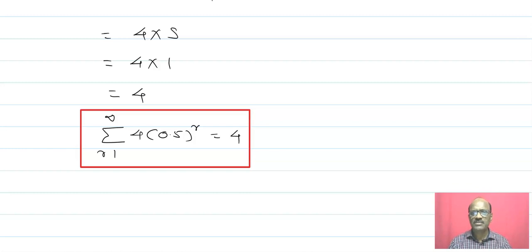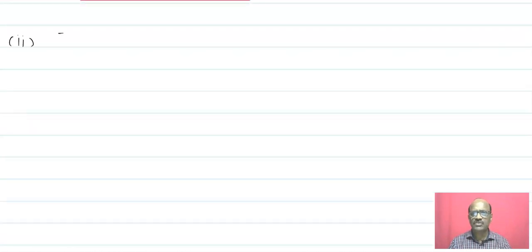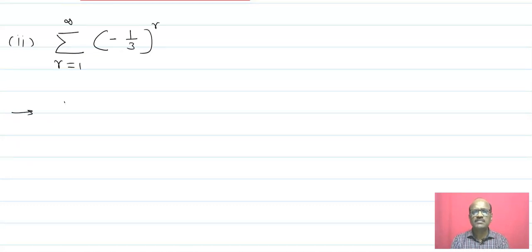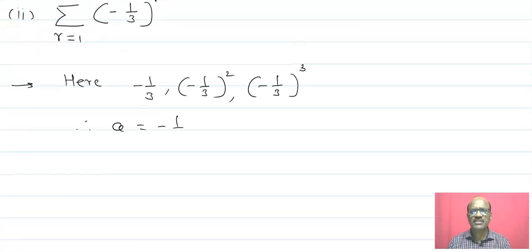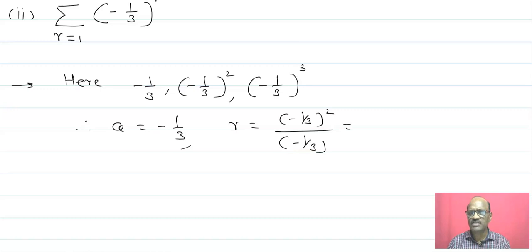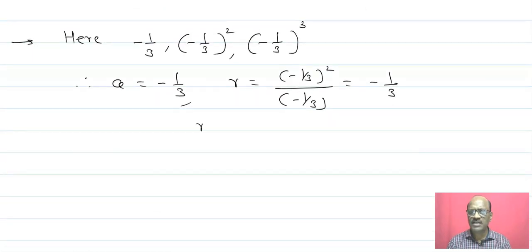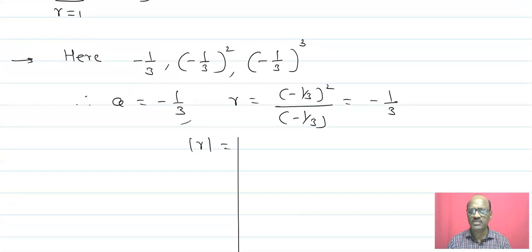These are the problems. Now we'll see the next problem. Here we apply the formula s is equal to a upon 1 minus r. Now second: summation r equals 1 to infinity of minus 1 upon 3 bracket raised to r. Here we have minus 1 by 3, minus 1 by 3 bracket square, minus 1 by 3 bracket cube. a is equal to minus 1 by 3 and r is equal to minus 1 by 3 bracket square upon minus 1 by 3, that is r is equal to minus 1 upon 3.